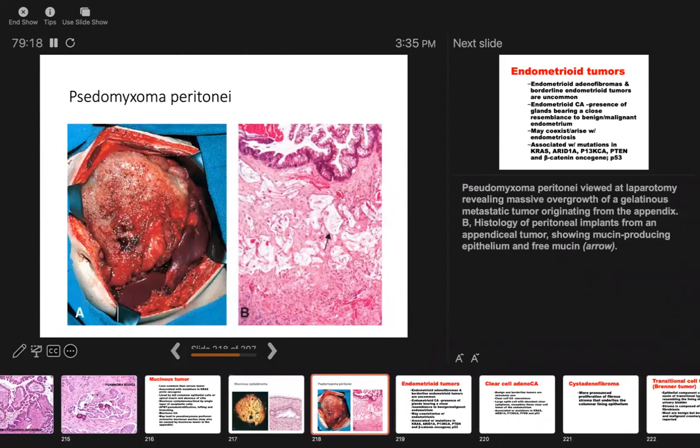In this condition, what you will have is gelatinous material that seems to cover, when you open up the patient, this is the operative field, that's the liver, the pseudomyxoma. And when you take sections of that, you will see gelatinous or mucin material. These are actually peritoneal implants. It may be happening secondary to an ovarian mass, but it may also occur with any mucinous tumor in the GI tract, like for example, the appendix.